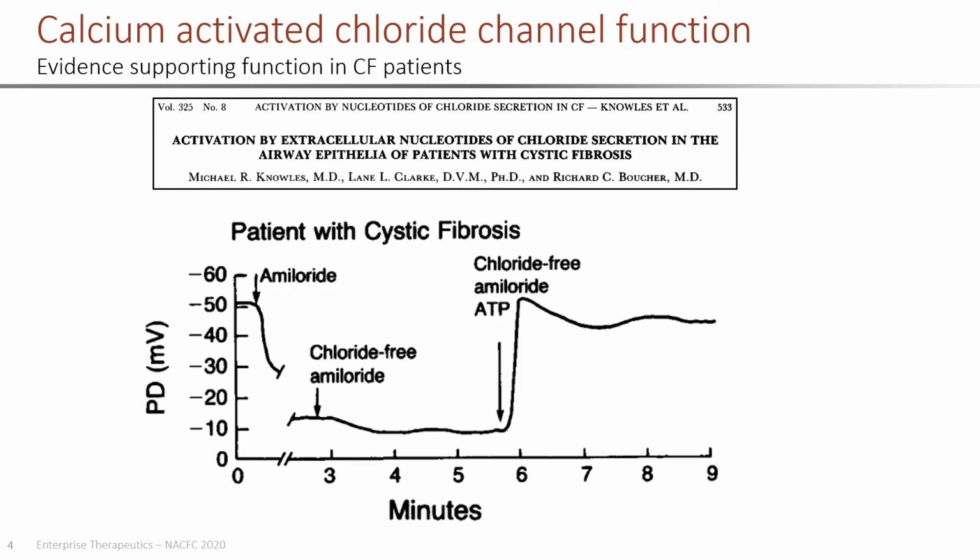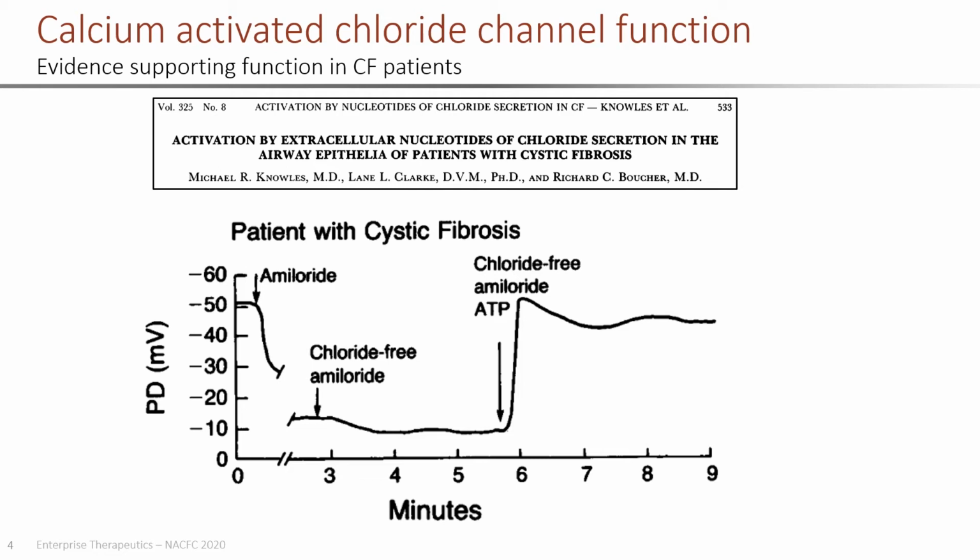is just one piece of data illustrating a raw data trace from a nasal potential difference study in a patient with CF. So initially, amiloride is perfused over the nasal mucosa, and we can see a depolarization as ENaC becomes switched off. They then switch to chloride-free conditions that essentially sensitize the system to be able to detect changes in chloride secretion across the mucosa, and with it being a CF patient, there's very little change, if any, in chloride secretion.